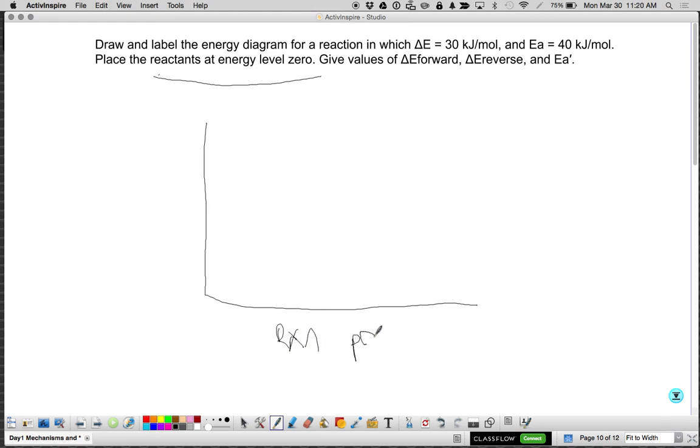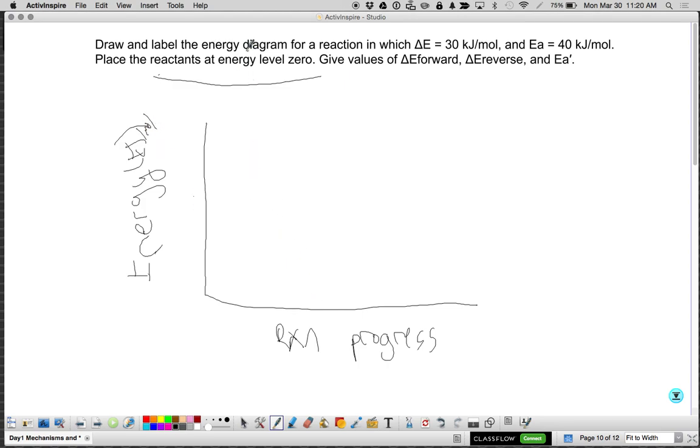Okay, so I'm going to start out with my axes. There's my energy, probably in kilojoules per mole this time, just to make things easier.